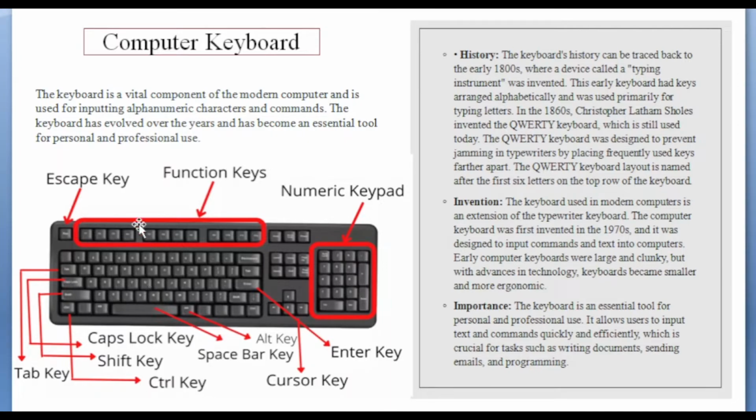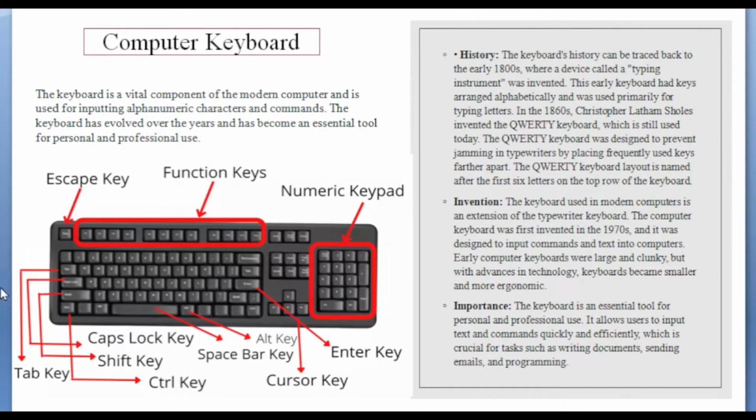And there are several more keys in the keyboard, like the function keys. The top row of the keyboard contains the function keys F1 to F12, and the left corner is the escape key. This is the longest key in the keyboard, which is called the spacebar. There are 4 arrow keys in the keyboard which are called cursor keys. We can move the cursor with the help of these keys instead of the mouse.